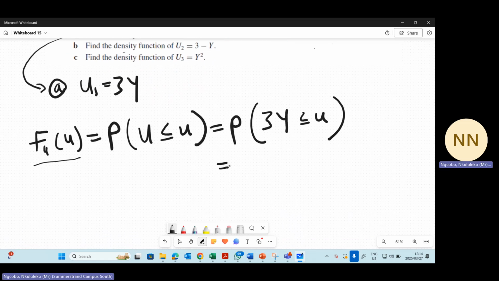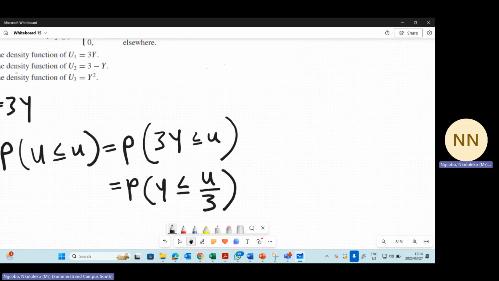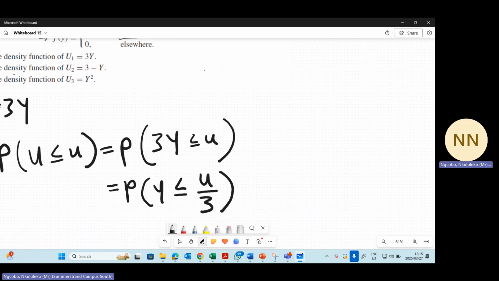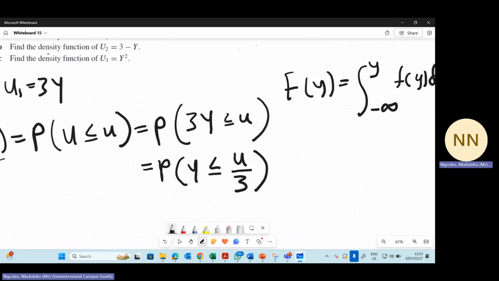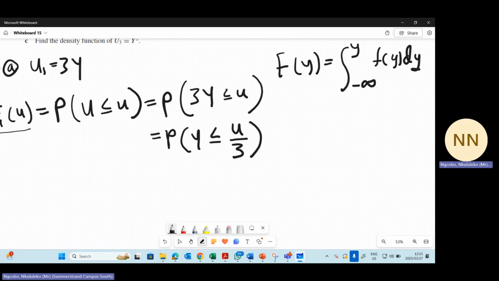To make y the subject of the formula, this is the same as y less than or equal to u divided by 3, right? We do understand that F of y is the integral from minus infinity to y of f of y dy, right?